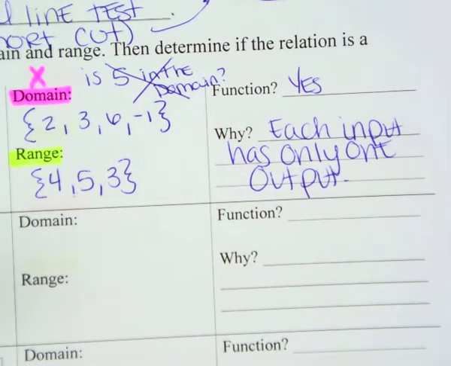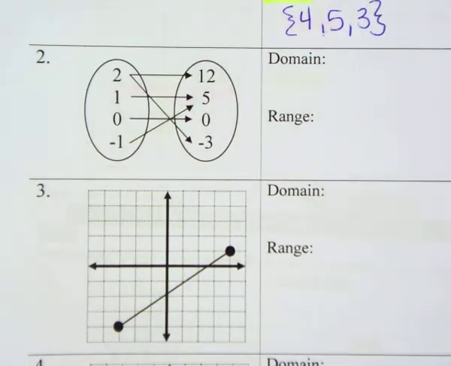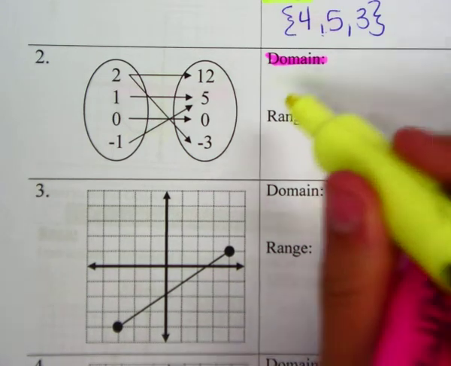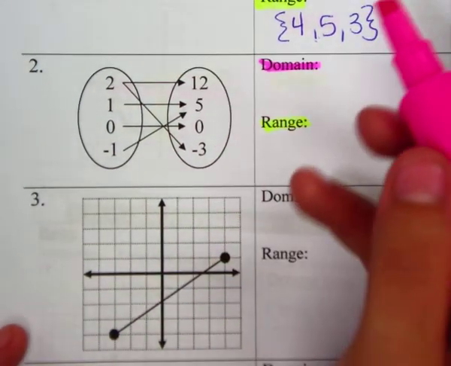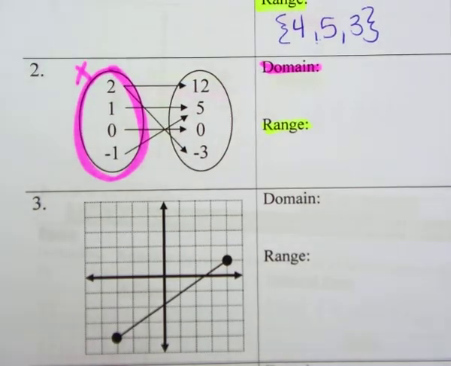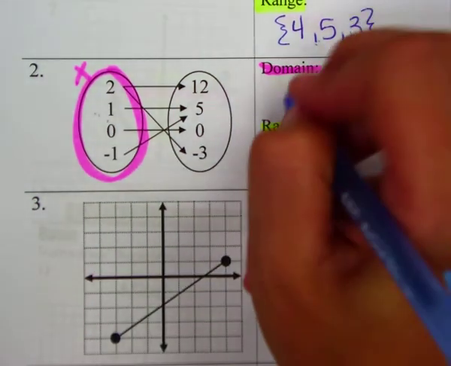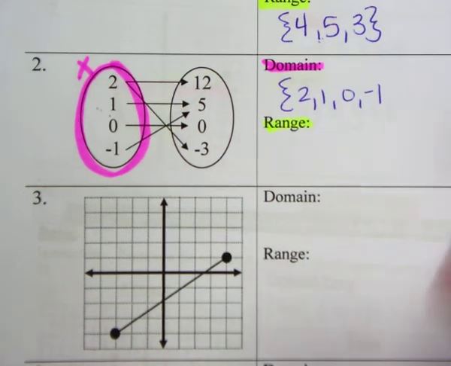Okay. Let's do the next one. Again, domain is going to be pink and range is going to be yellow. The domain is all the x values, and if you remember this first bubble, these are all my x values. So any number that's in this bubble is in the domain: 2, 1, 0, and -1.